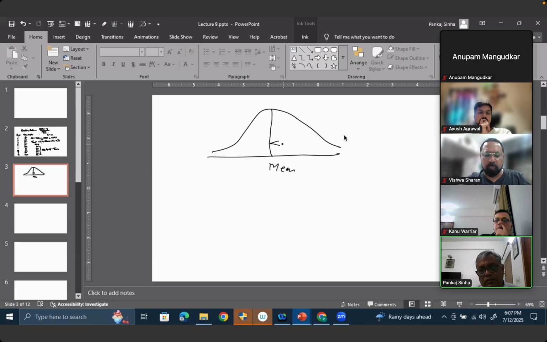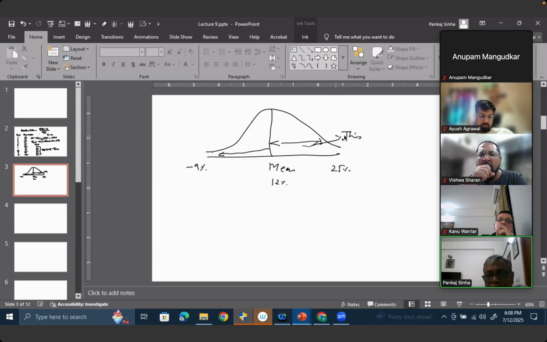Suppose this mean is 12%, and this value comes out to be 25%. So my return goes from mean to 25%, and then here my return goes to, suppose, minus 9%. So from 12% to minus 9%. Going this side is not risk. This area is not risk.